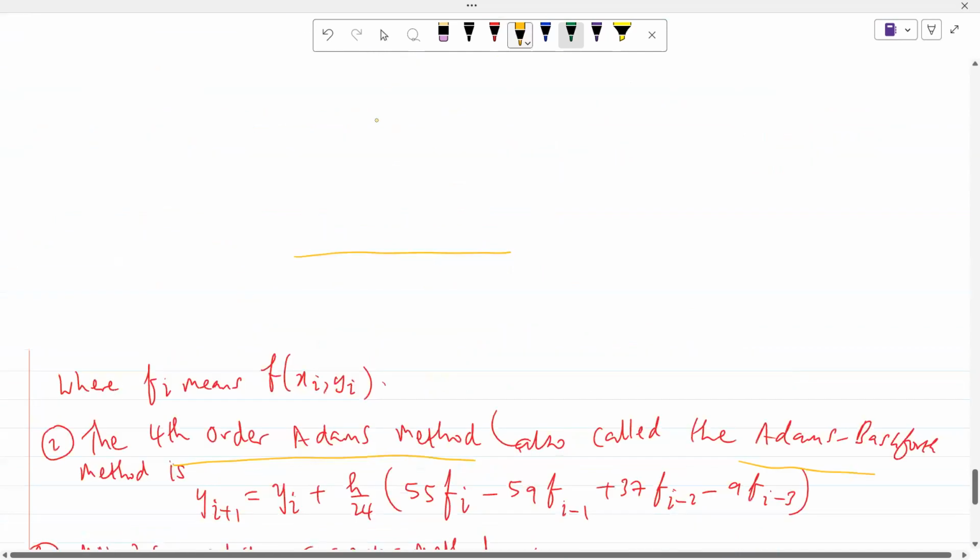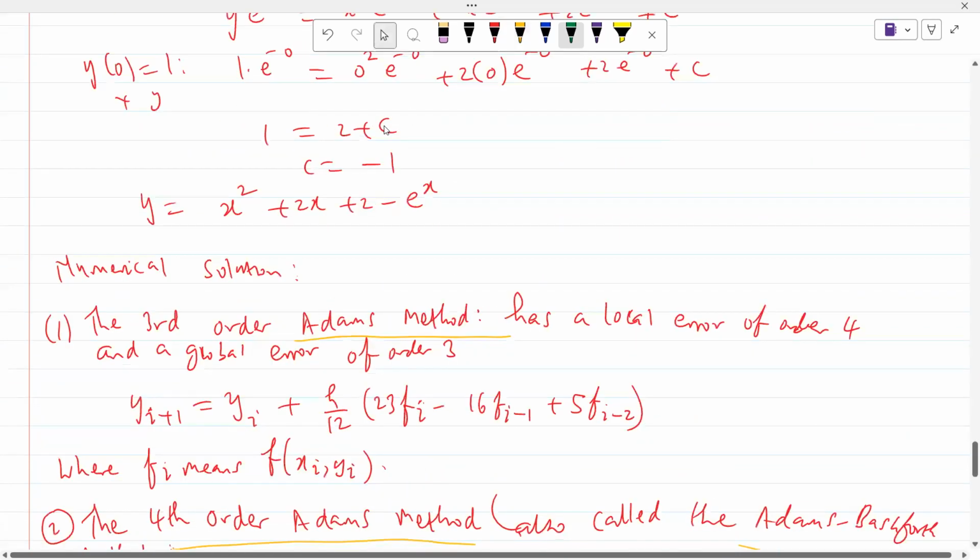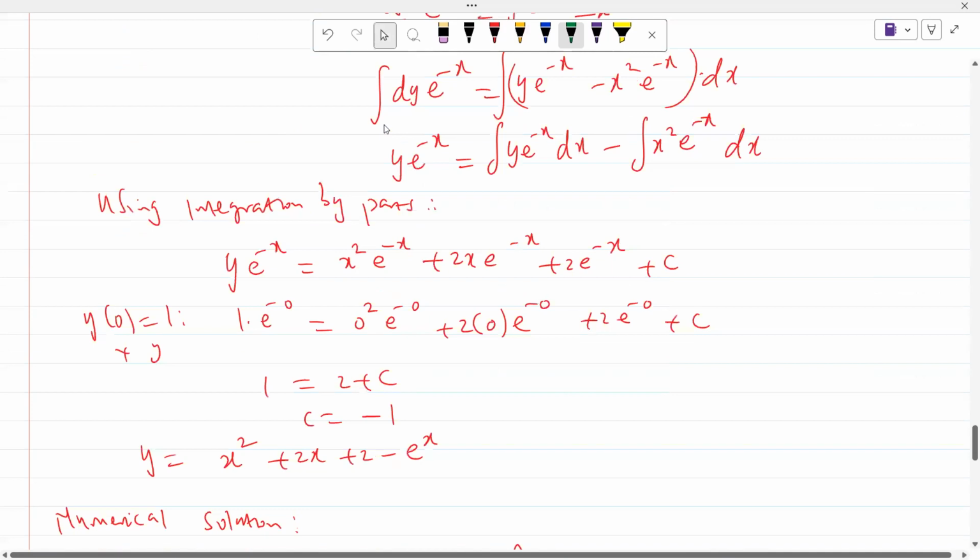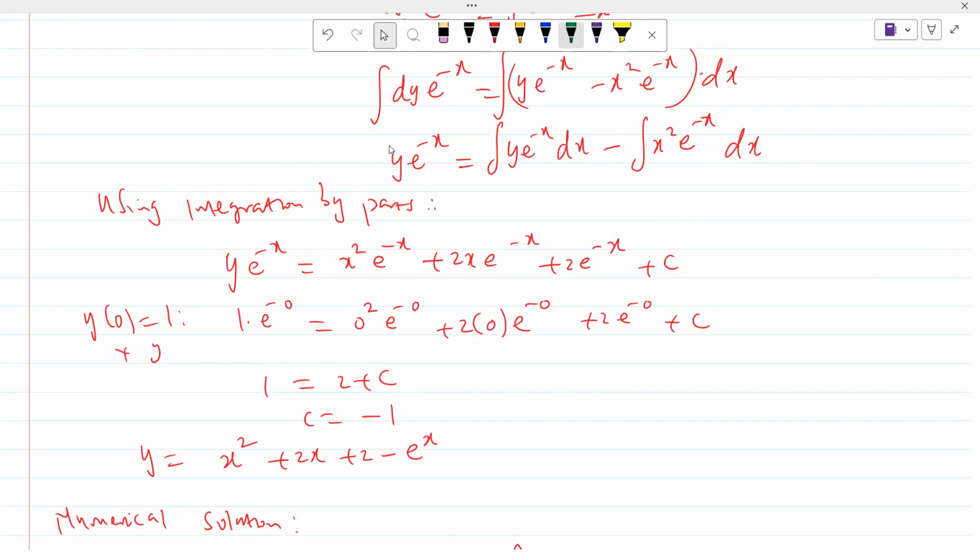So you just need to note these things, and we shall continue with other methods like your shooting method and, in detail, the Runge-Kutta methods with the Euler methods as well.